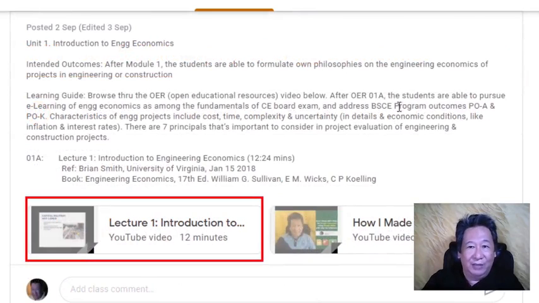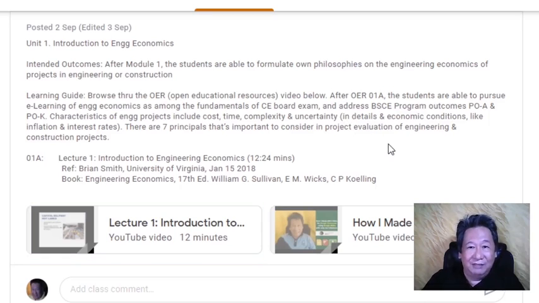So after watching OER 01A, you should be able to pursue e-learning of engineering economics as among the fundamentals of the civil engineering board exam and address the BS Civil Engineering Program Outcomes A and K. Characteristics of engineering projects include cost, time, complexity, and uncertainty in detail, and economic conditions like inflation and interest rates.